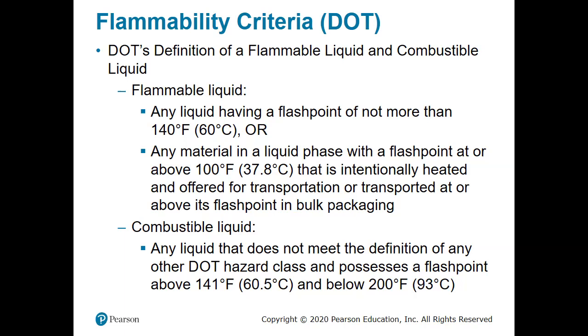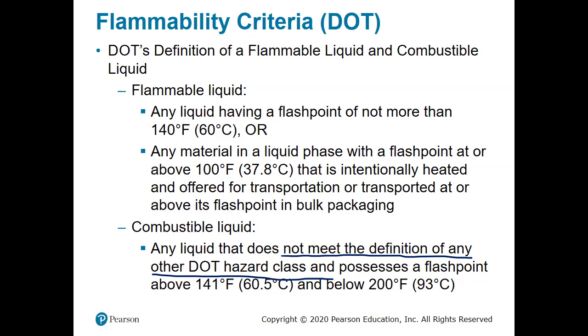One thing that is mentioned here: any liquid that does not meet the definition of any other DOT hazard class and has a flash point between 141 and 200. So 200 degrees Fahrenheit is still the standard we use to determine between combustibility and non-combustibility. That's been consistent through all three of the systems.